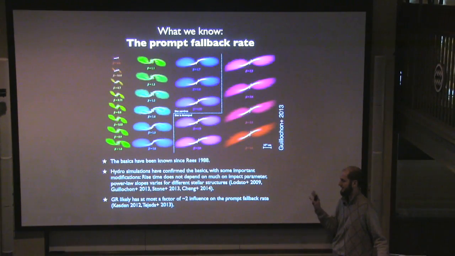And in this phase, general relativity likely has some influence on the prompt fallback rate, but it's maybe a factor of 2 in the accretion rates and time of fallback. So I think we understand this fairly well. And honestly, there's not too much reason to do pure Newtonian disruptions anymore to learn very much new.